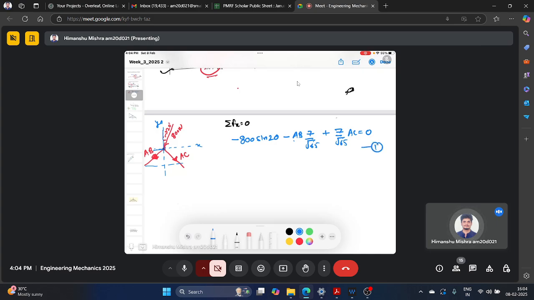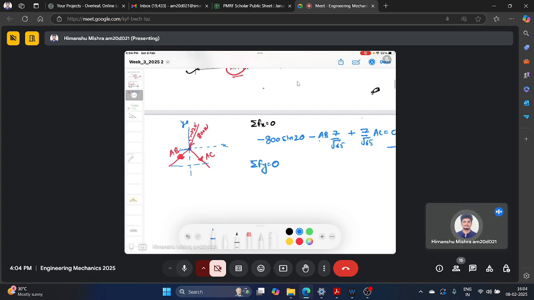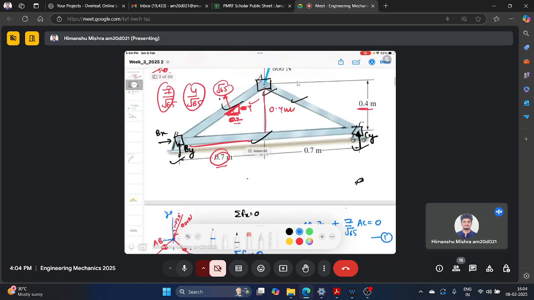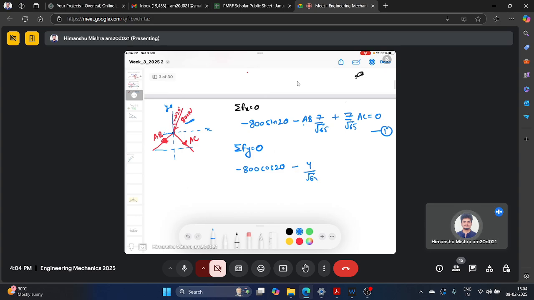So there are two unknowns, AB and AC. So we need one more equation, which is summation of force in y direction equals 0. Here you can see it's going in minus y direction, so it is minus 800 cos 20, then minus the sine component, which is 4 by root 65. This is my sine component of AB.